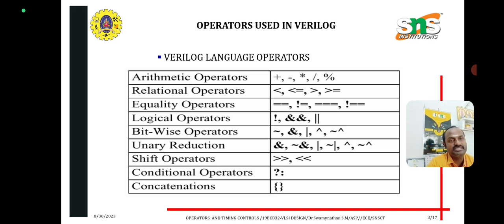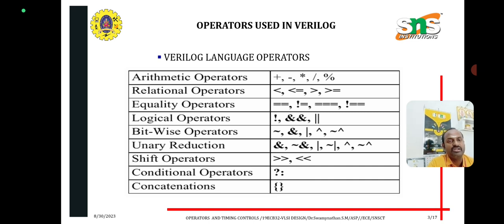Bitwise operators: tilde for NOT, ampersand for AND, pipe for OR, caret for XOR, and tilde caret for XNOR. Next, the unary reduction operators, like AND for NAND, and the same for NOR, OR, etc. Next are the shift operators, left shift and right shift.